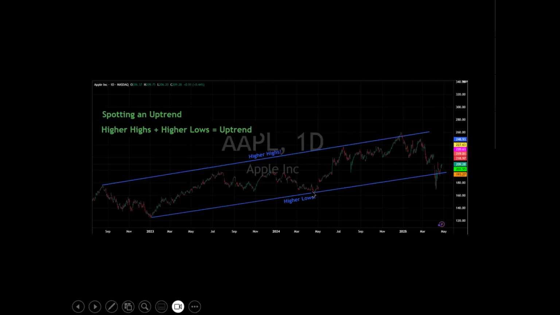This low is higher than that low, and this low is higher than that low. Hence the reason we say higher lows. So when you have higher highs and higher lows on a chart, that's a stock that's going up. That is what you call an uptrend. So this is what an uptrend looks like.